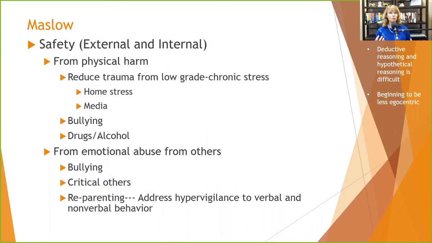What they perceive as disparaging nonverbal behavior can make them go from 0 to 100 in terms of reactivity, because their past experience has been that when somebody acted that way, it got ugly real fast. So we want to help them address that hypervigilance.